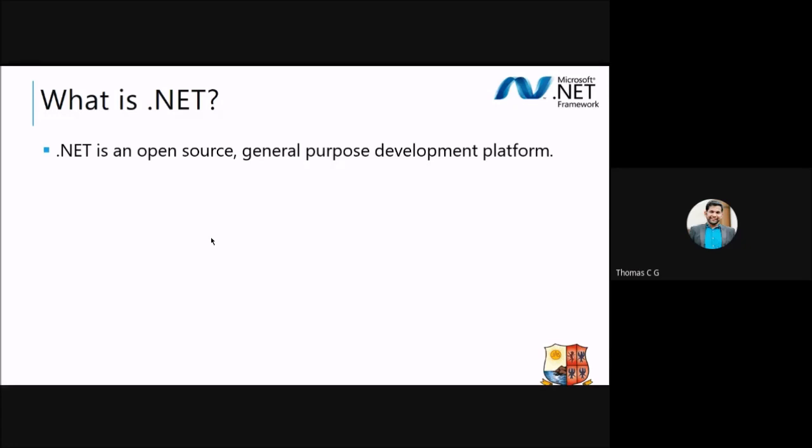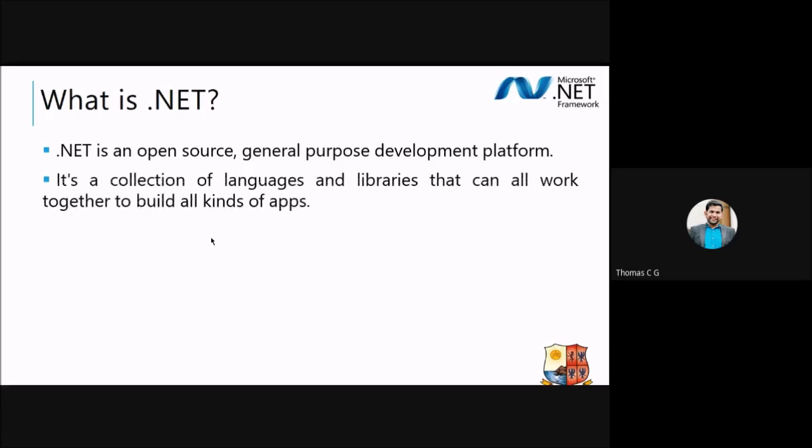Now, since we are studying web applications this semester, it does not mean that .NET can only develop websites. Please remove that notion from your head. .NET is a platform. It is a collection of languages, I want you to note that, collection of languages and libraries that all work together to build, again I'm focusing on that word, all kinds of apps. I'll tell you what those are.